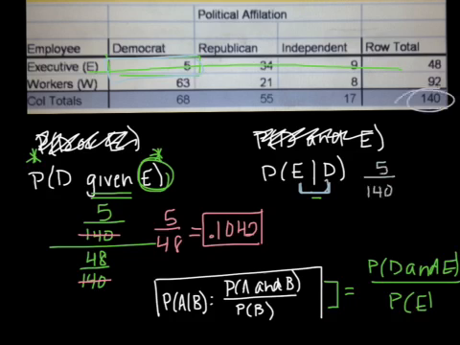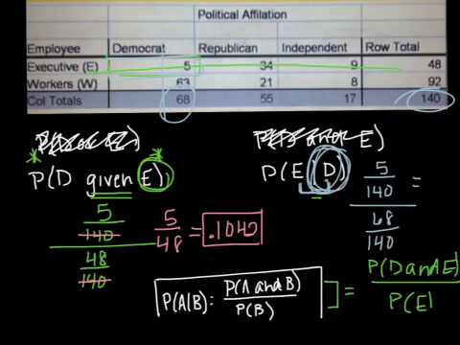All over the probability of the second one listed. What is the probability of Democrat? So if I go Democrat all the way down, I get 68 over 140. So truly I'm looking at 5 over 68 because those cancel.